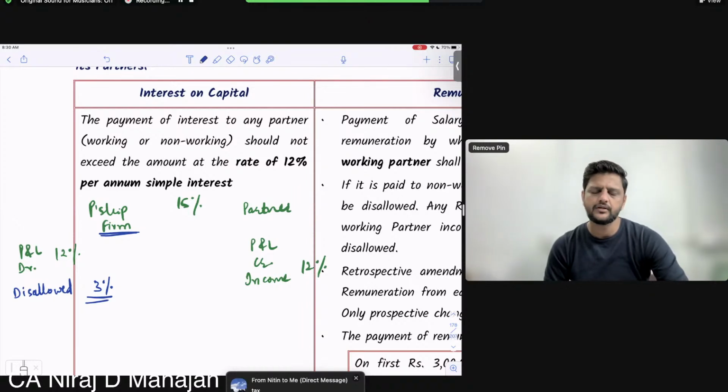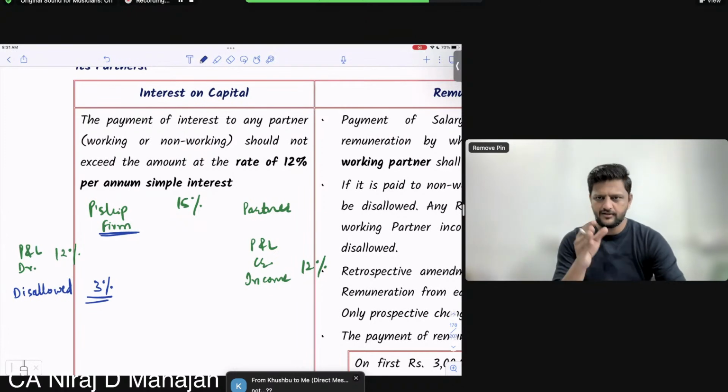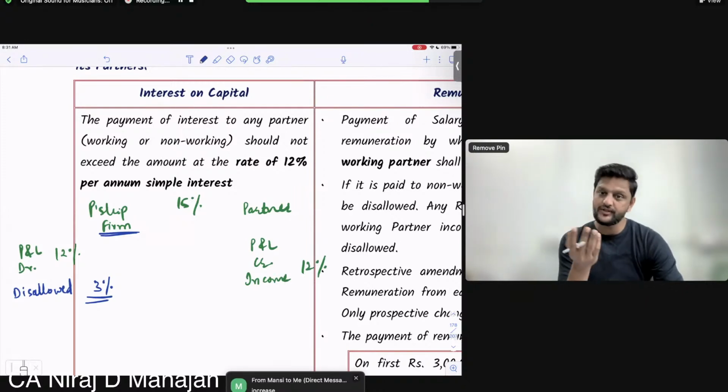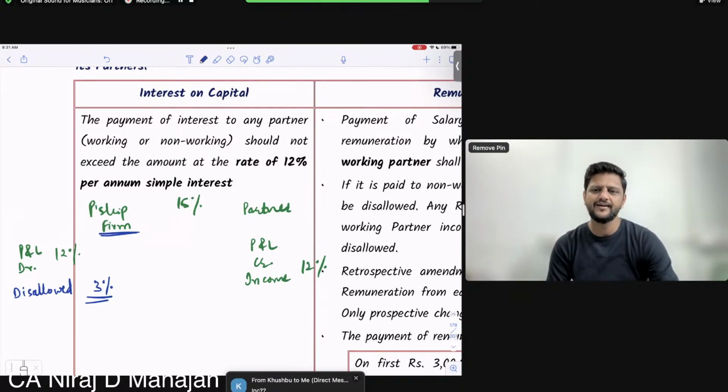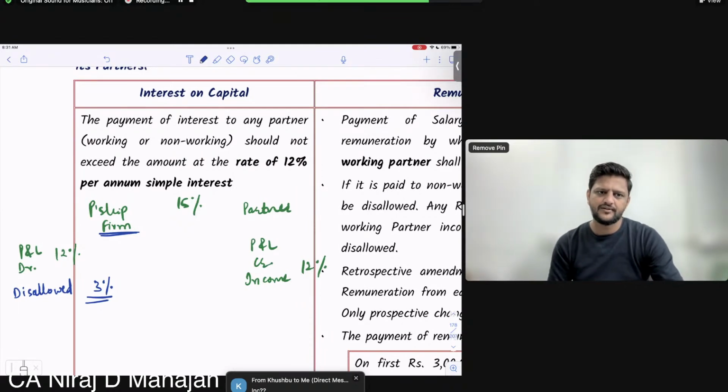See, tax means what? It is disallowed as an expenditure. That expenditure is not allowed. What happens to my profit whenever you do the computation? It is to increase, correct? I disallow the expenditure, I remove the debit, my profit is to increase. My profit is to increase means what? I am taxing it by the same amount. Are you getting my point or not?